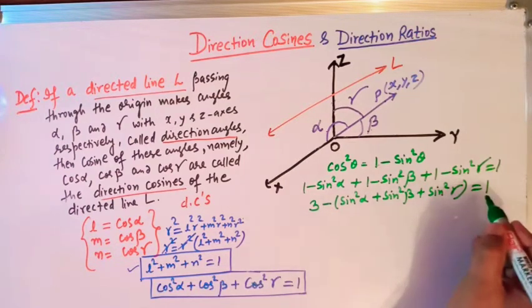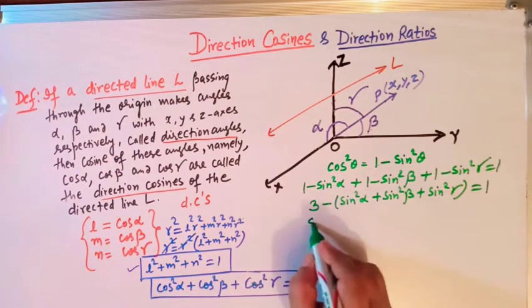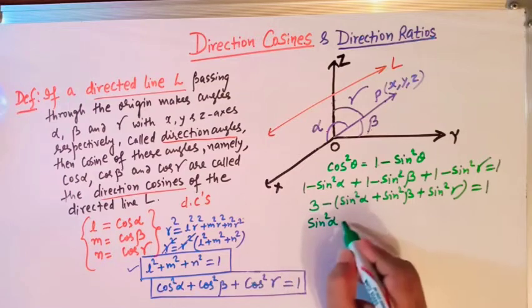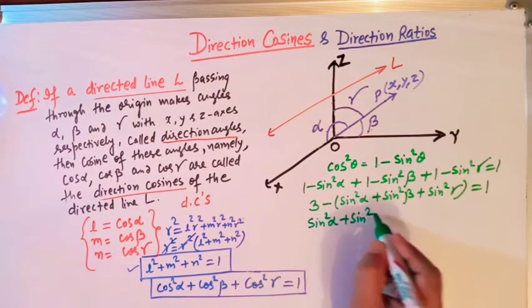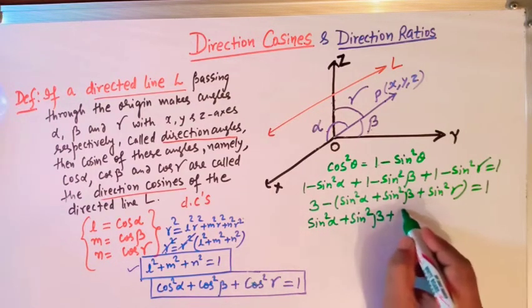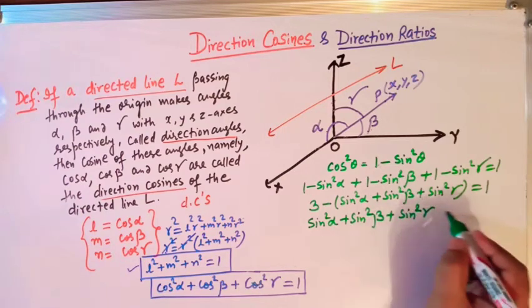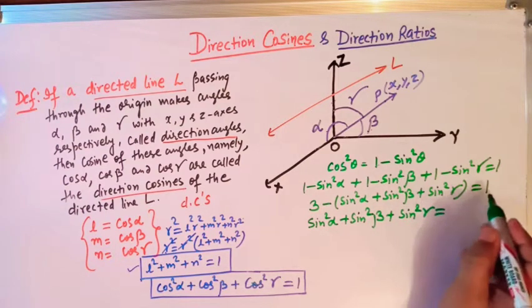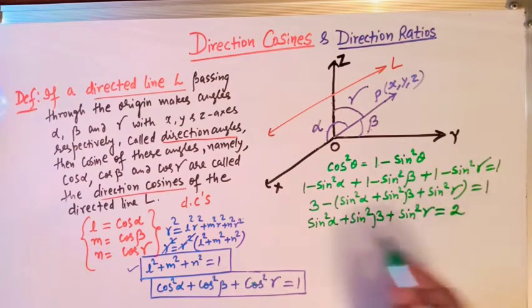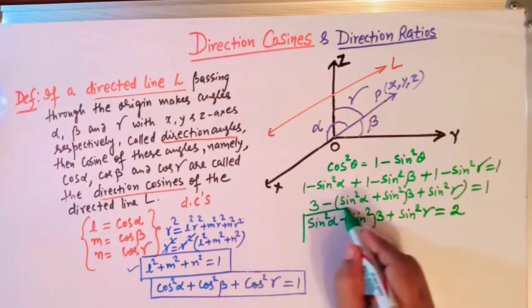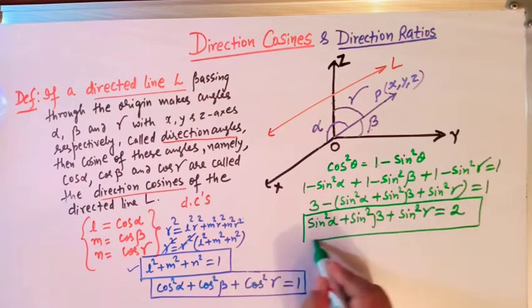Now if we arrange this, we get sin square alpha plus sin square beta plus sin square gamma is equal to 3 minus 1, that is 2, right? So always remember this rule also.